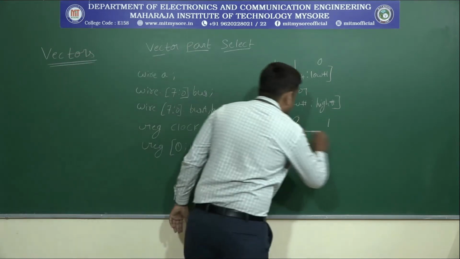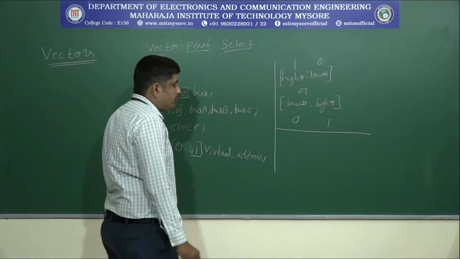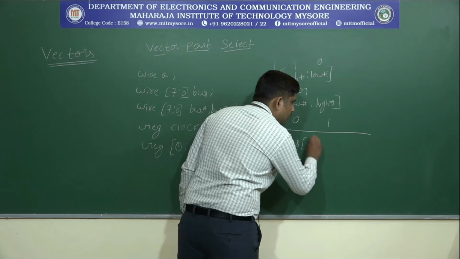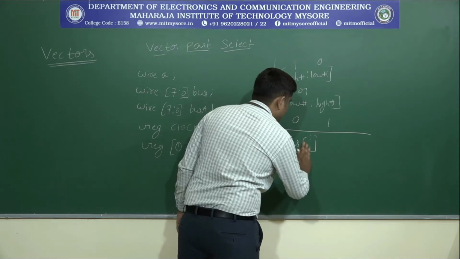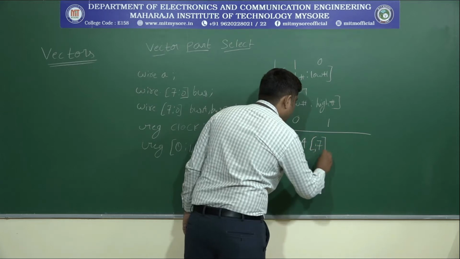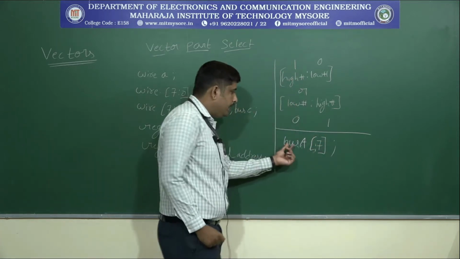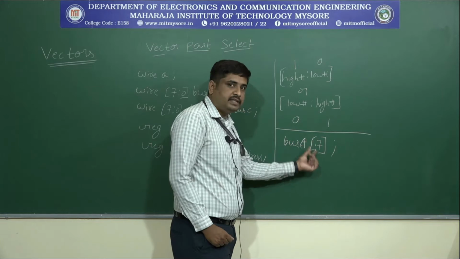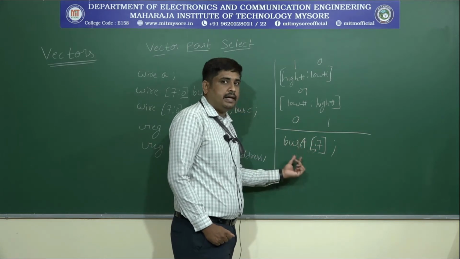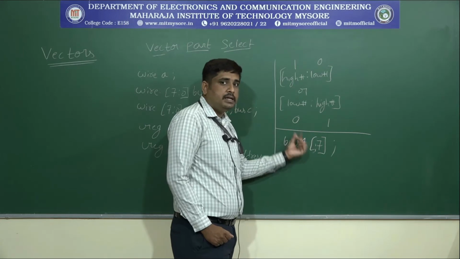We have to select a particular bit. So bus A of 7 indicates the 7th bit is selected here. It means the particular bit is selected here.